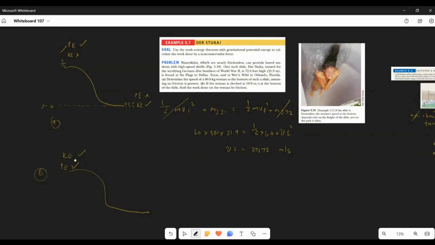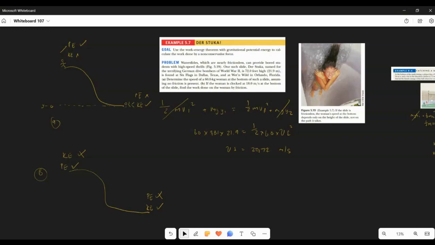Sorry, it's clocked at the bottom, so it's not present here. Potential energy is present again. No, not present, sorry, confusion, and the kinetic energy is present, I think.